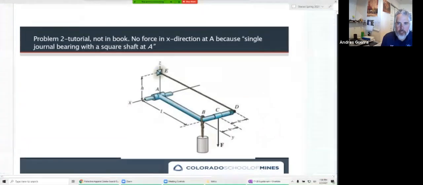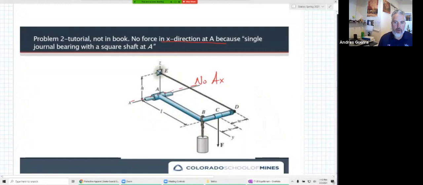This one, though, tells us that there's no force in the x direction, and it's because it's a single journal bearing with a square shaft. So a journal bearing, remember, does not have a force along the length of the shaft, so there's no AX when we're drawing that FBD. This one as well, take a look at what other reactions would occur at that square shaft there.